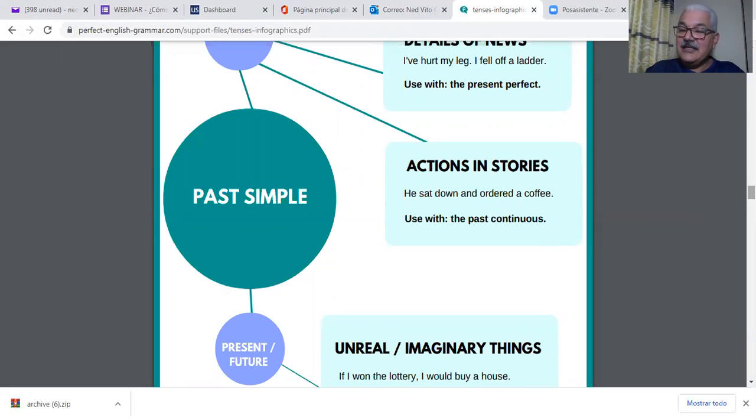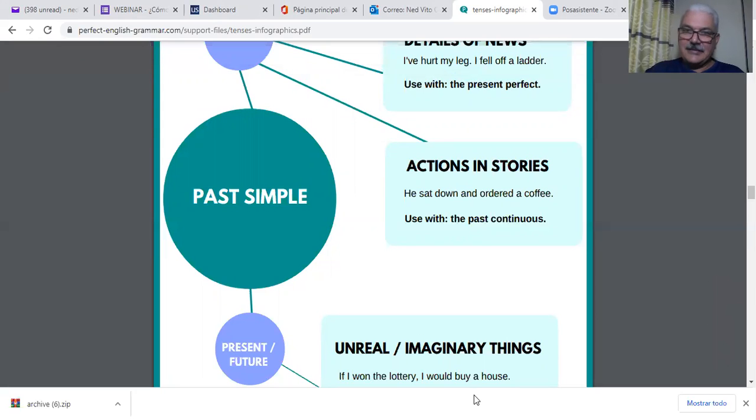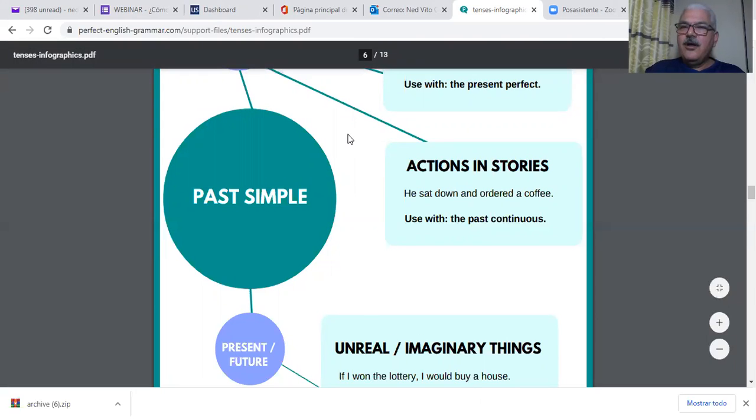Or when it is an imaginary situation or things which are not real, in which we use the if clause and we say, if I won the lottery, I would buy a house. You may think this is a conditional sentence, and for that, we are going to use the simple past. Let's see right now the structure for these uses of the verb.